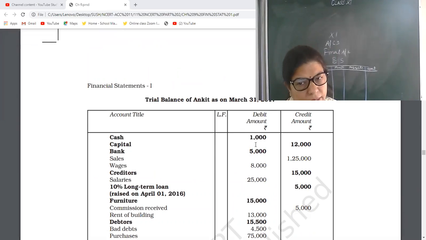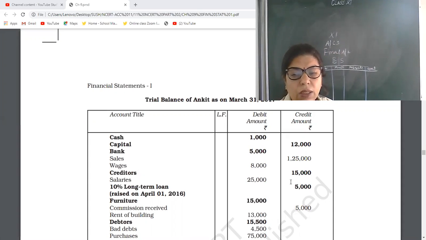Or you can see a very easy way, debit items will be in asset side. Credit items will be in liability side. Now creditors are the liability in credit side. Salaries will not be shown in the balance sheet. It is already shown in the profit and loss account.